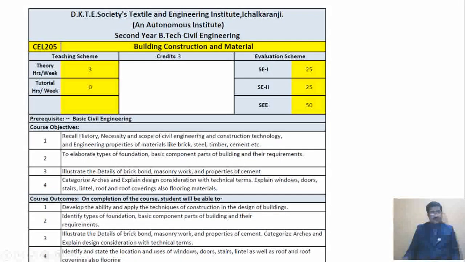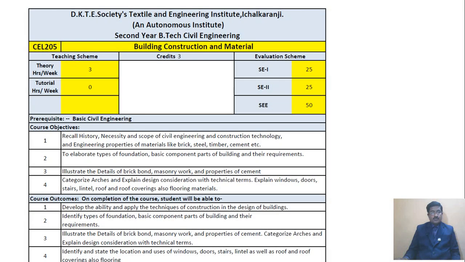To illustrate the details of brick bond, masonry work and properties of cement. To categorize the arches and explain design considerations with technical terms. Explain windows, doors, stairs, lintel, roof and roof coverings, also flooring materials.